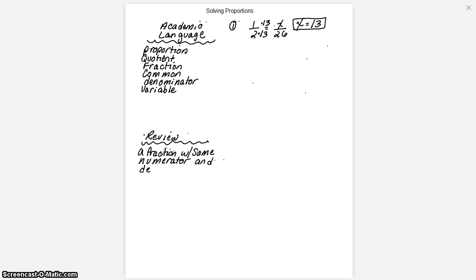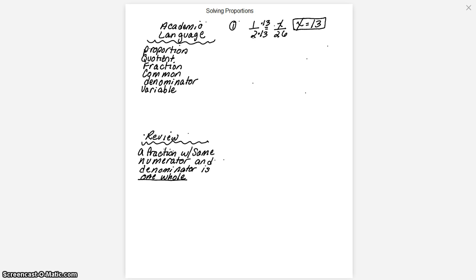Okay, so a fraction with the same numerator and denominator is 1 whole. Okay, so that's just something we're going to need to remember. We've learned it before, and it's going to keep cropping up. All right, so that's the first way to solve.